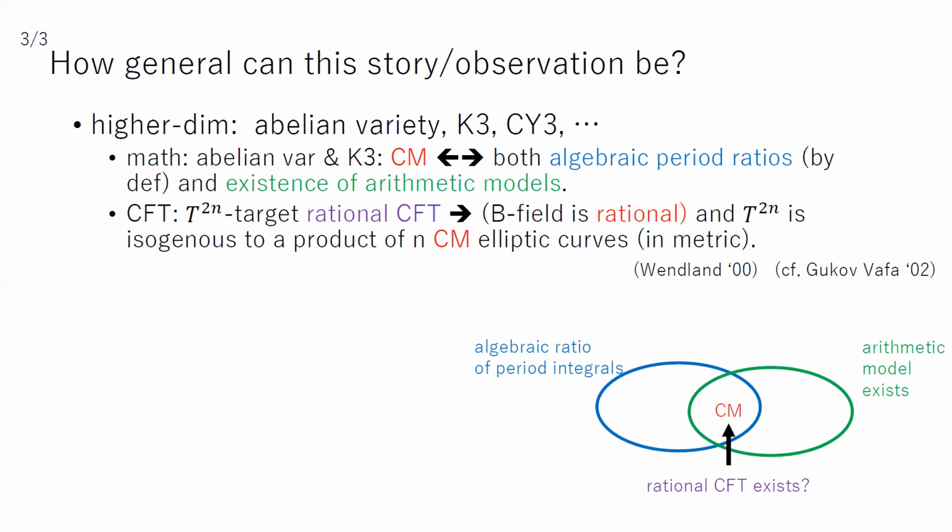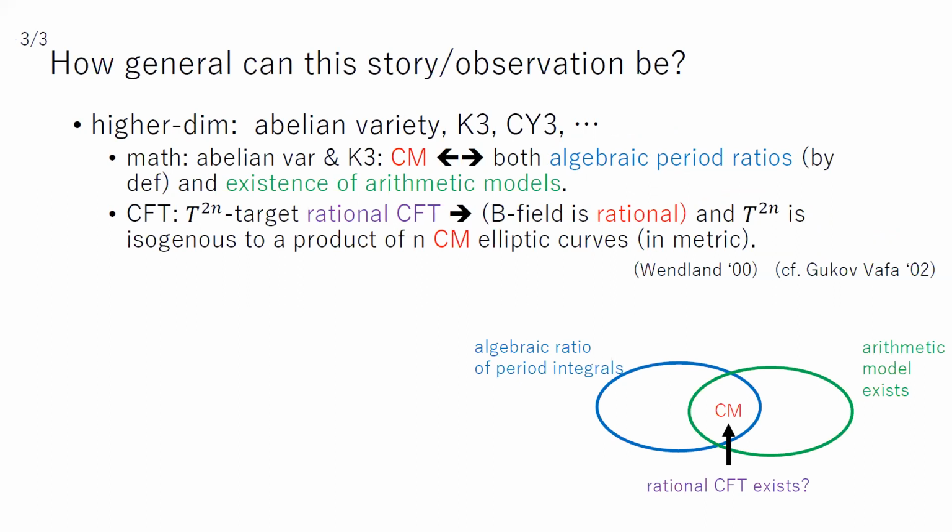Now, what about the high dimensional generalization? The easiest generalization is presumably the abelian variety, K3 surface, and the Calabi-Yau 3-fold. Let me start from the known facts in mathematics and CFT.